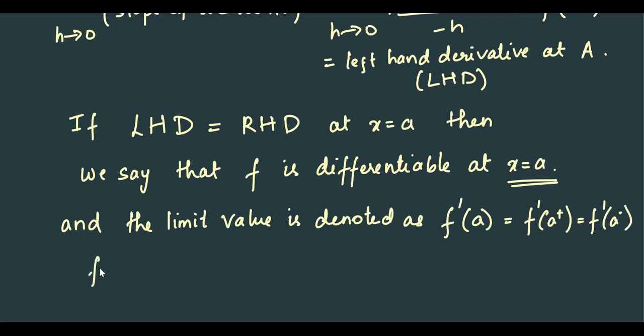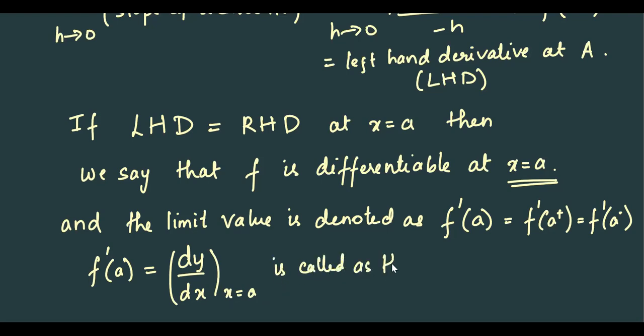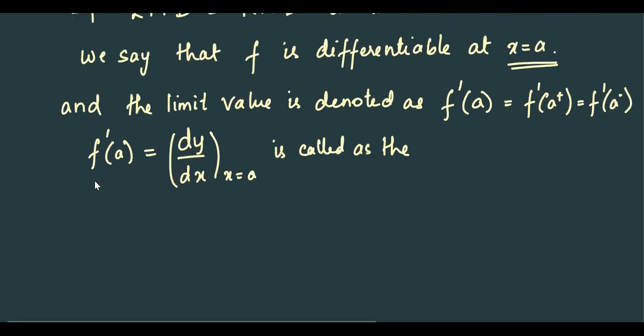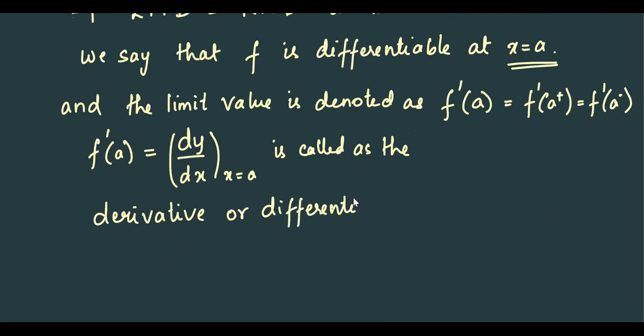This f dash of a, or we write dy by dx at x equal to a, is called the derivative, or differential coefficient, of f at x equal to a.